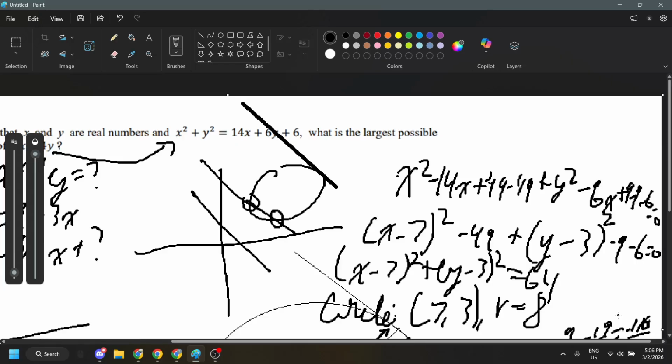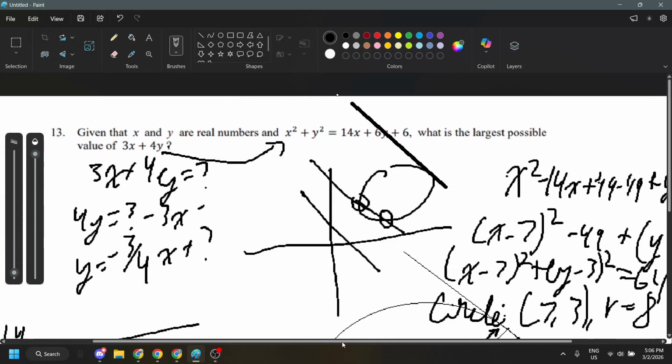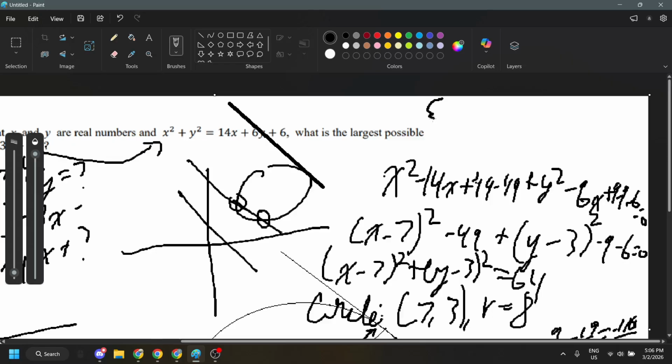I have an idea. What if we make this a system of equations? This and this. So we have x squared plus y squared is equal to 14x plus 6y plus 6. And we also have 3x plus 4y is equal to, let's call the max m. Why don't we subtract 14x from both sides and 6y from both sides? So we're left with x squared plus y squared is equal to 6.